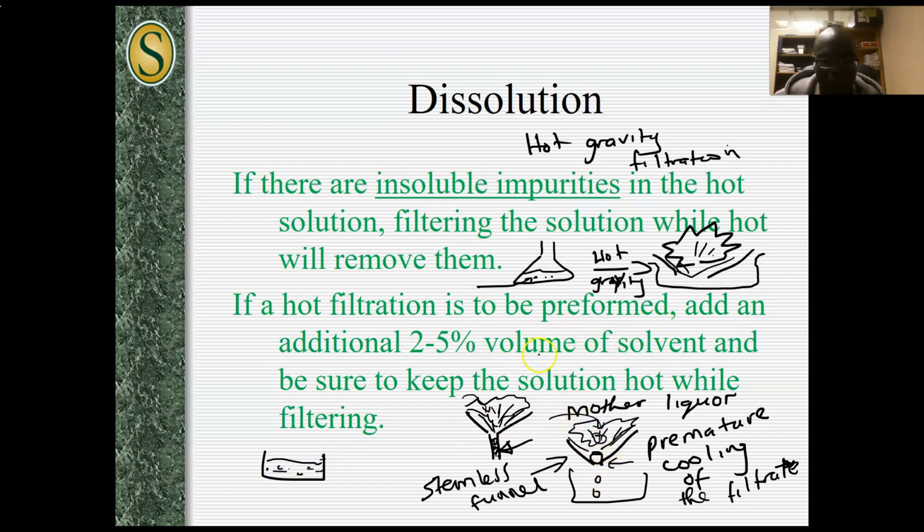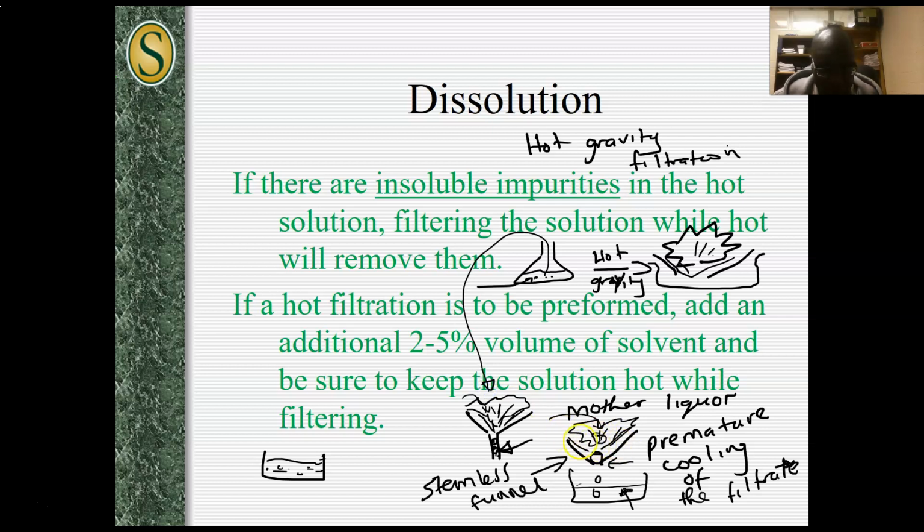You have to make sure that you don't add too much. You want to keep this solvent down here saturated so that afterwards when you cool it, you'll form crystals. If this solvent is too much, crystals will not form. So you'll be pouring this through here.